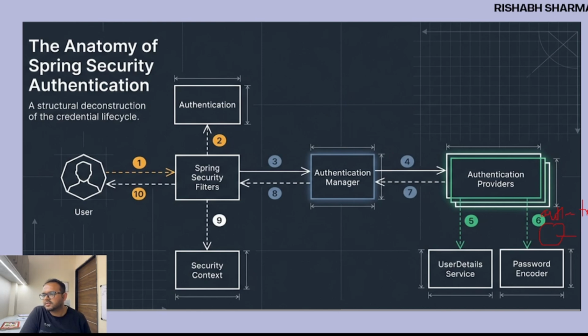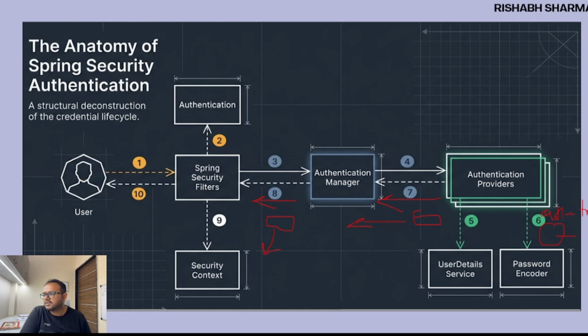Then this object is sent back to the authentication manager. Now the authentication manager returns the authenticated object back to the security filter, telling that the user is successfully authenticated. The filter stores this object inside a security context.